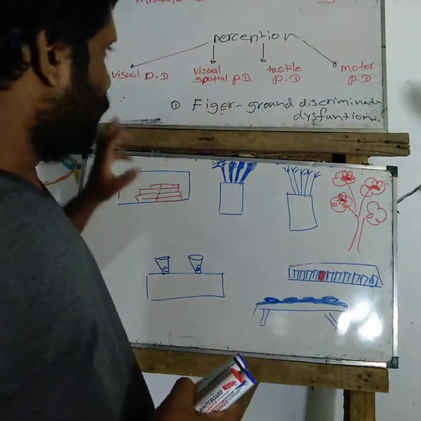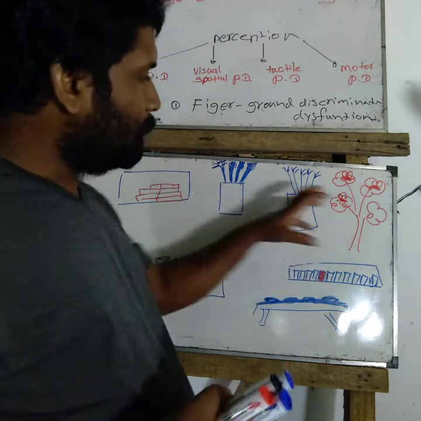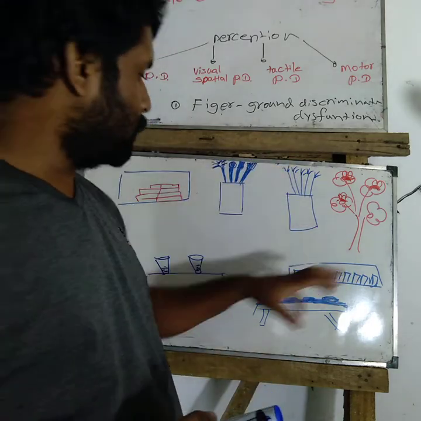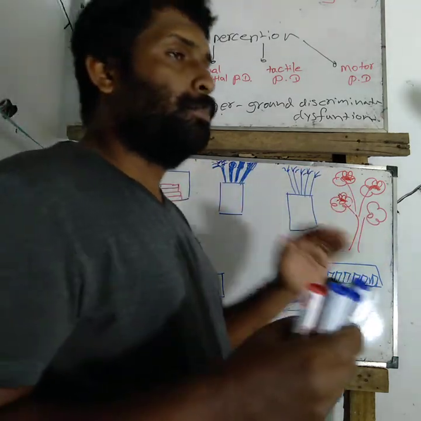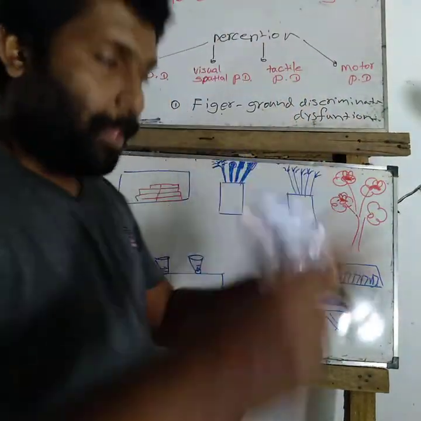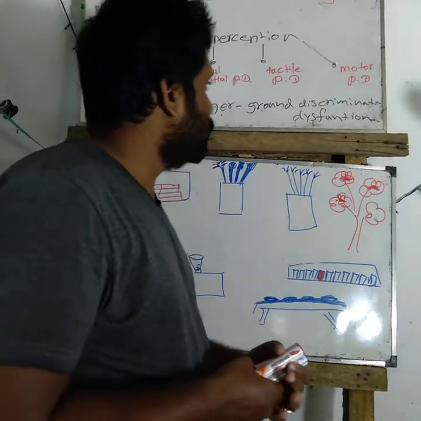We can apply these several points and assess a patient having figure ground discrimination dysfunction. That's the figure ground discrimination dysfunction.